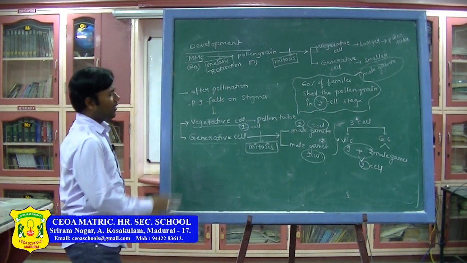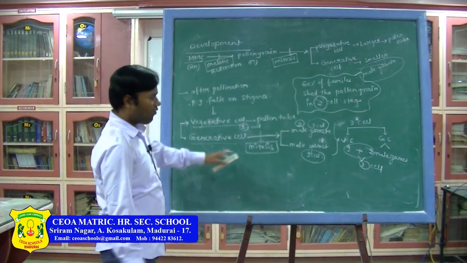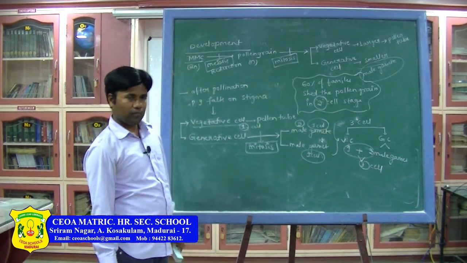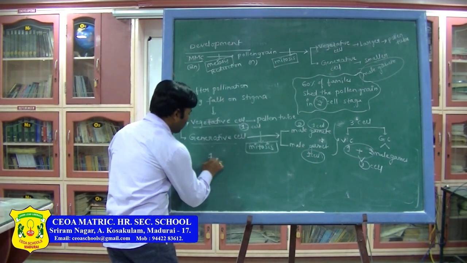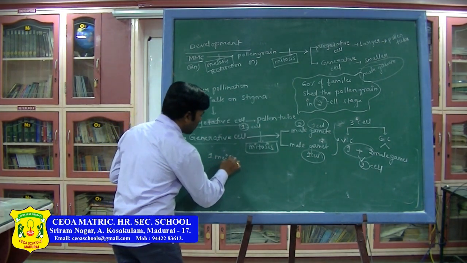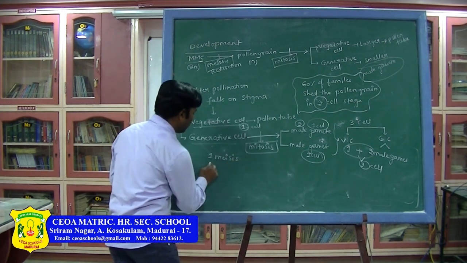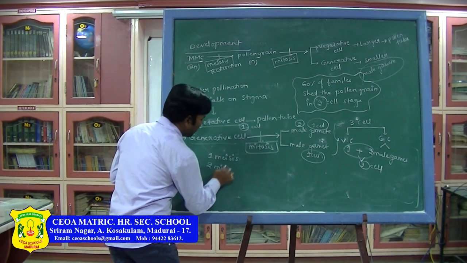Got it? But in this, when you see, one meiosis is taking place and 2 mitoses are taking place.